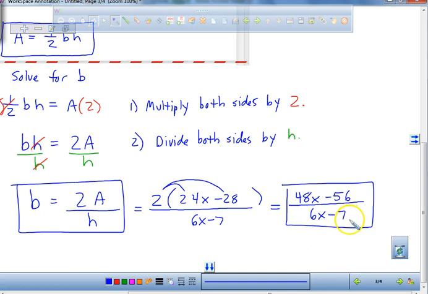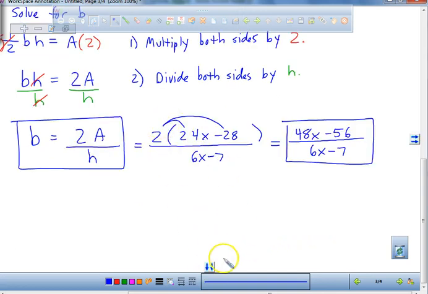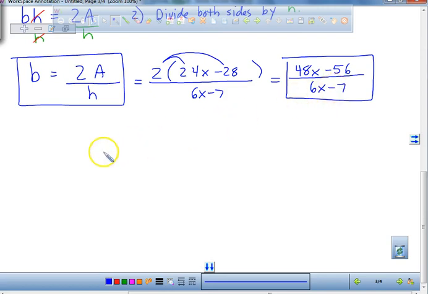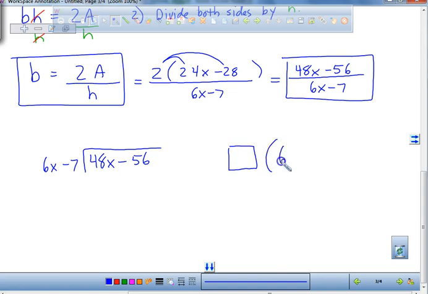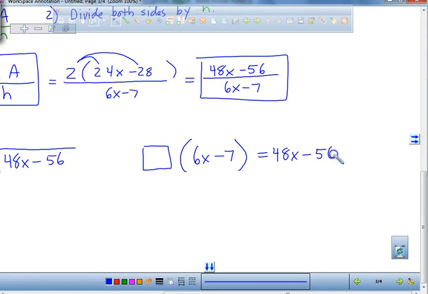Okay? Now there's a couple of ways we can do this. We're going to set it up the traditional way. What did we do before? We took 48x minus 56 and divided it by 6x minus 7. Now, here's what I want you to think about. What number times 6x minus 7 equals 48x minus 56?